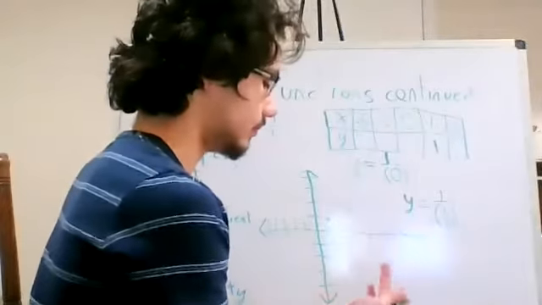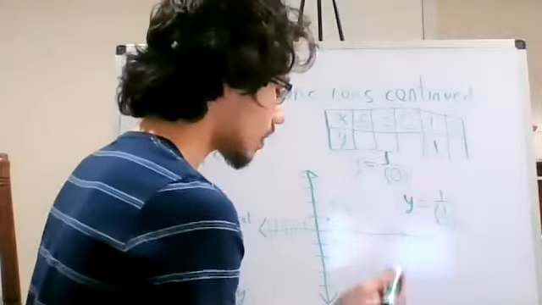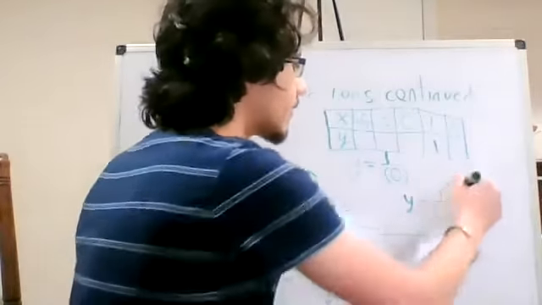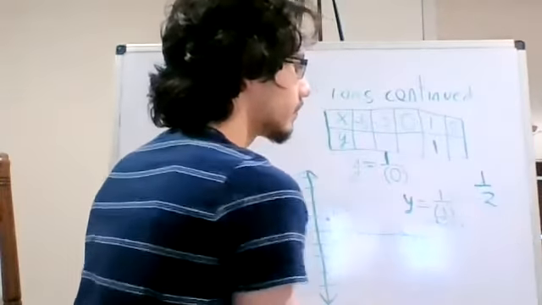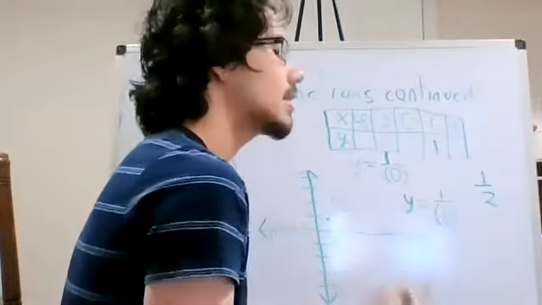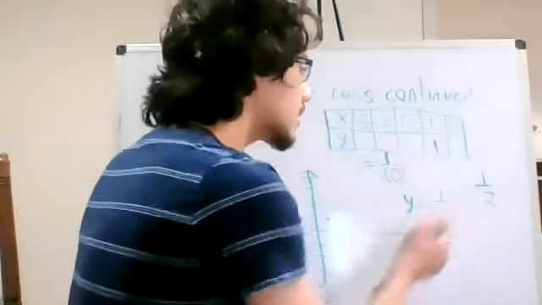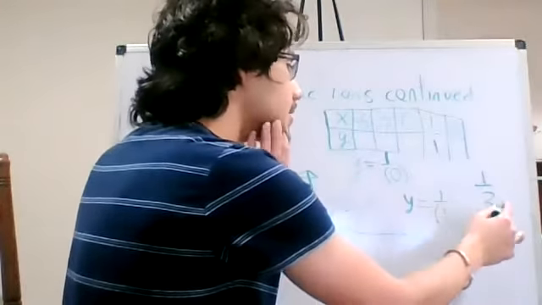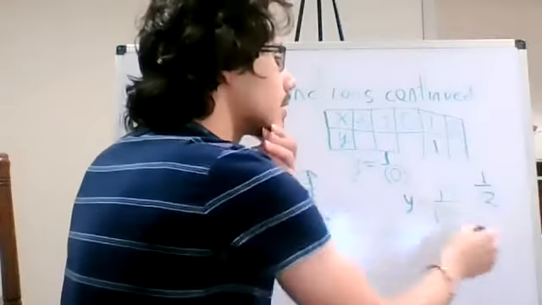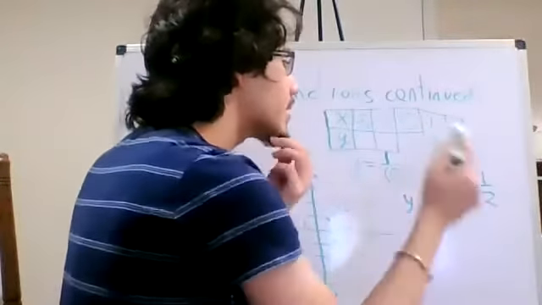So let's think about it this way. If we have 1/2, let's look at the denominator. We know that the bigger the denominator gets, the smaller the number will be, but the smaller the denominator gets, the bigger the number will be.